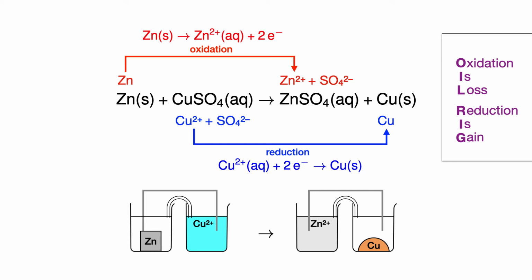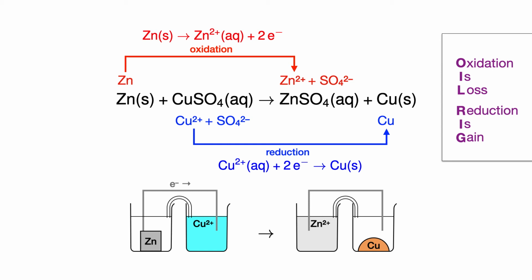On the left, the zinc will dissolve to form zinc 2+ in solution, and on the right, copper 2+ will gain electrons to form copper metal. And in order for this to occur, electrons have to leave the zinc compartment and flow into the copper compartment.